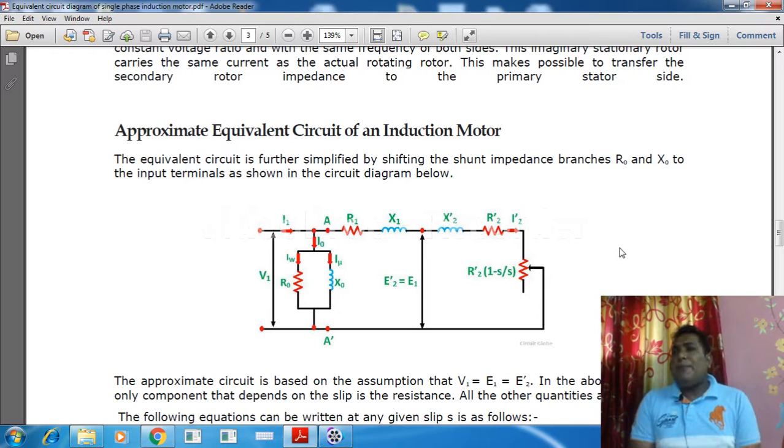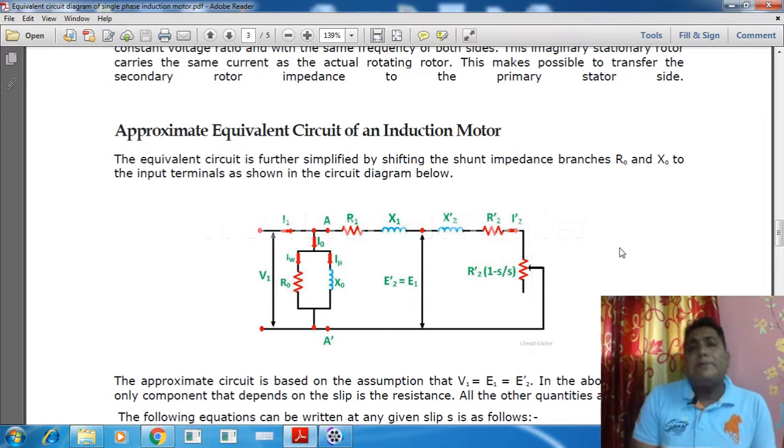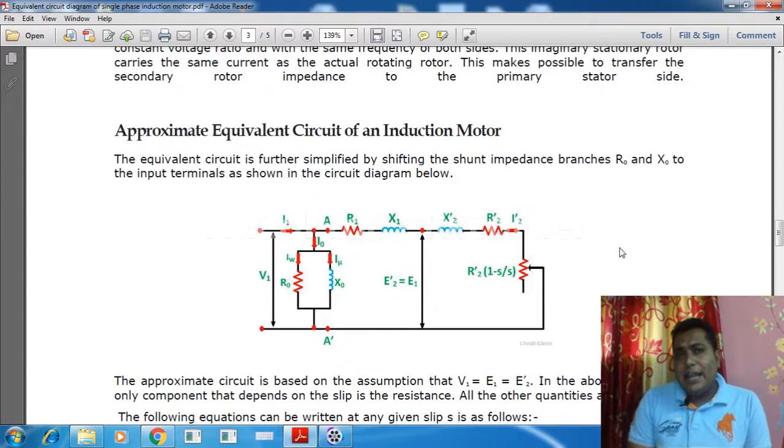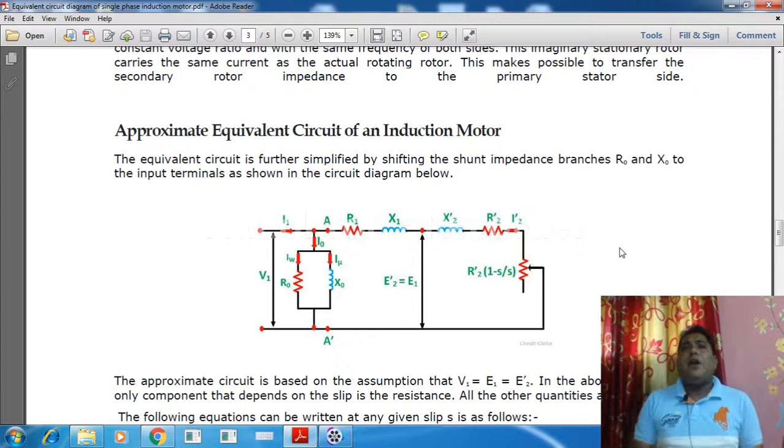Now the question may appear: why? Because in mathematics, if we have to calculate something, we cannot directly add 1 kilometer with 1 millimeter. We have to convert both into kilometer or both into millimeter.